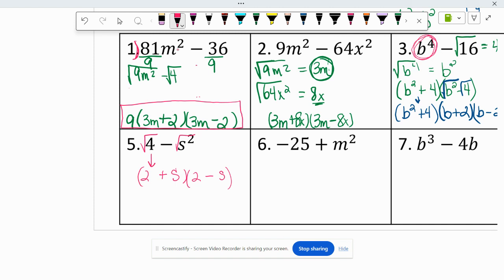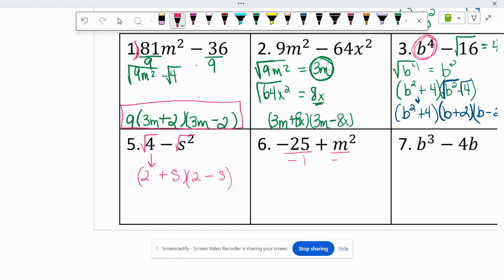Is there any way for me to multiply a number by itself and get a negative answer? Meaning, can I take 5 times 5 and get negative 25? No. Can I take negative 5 times negative 5 and get negative 25? No. So the only way that can be a perfect square is if I get rid of the negative. How am I going to do that?